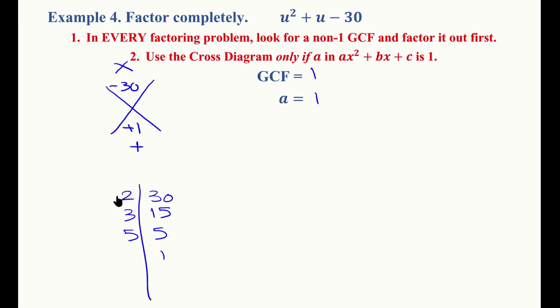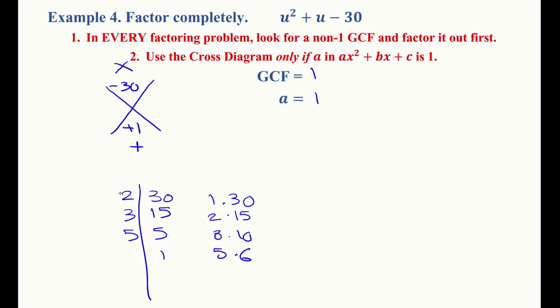So notice some of the ways of getting 30 are like 1 times 30, or 2 times 15, or 6 times 5, we can write it as 5 times 6, or let's just go with 3 first, 3 times 10. Notice you can have 5 times 6.